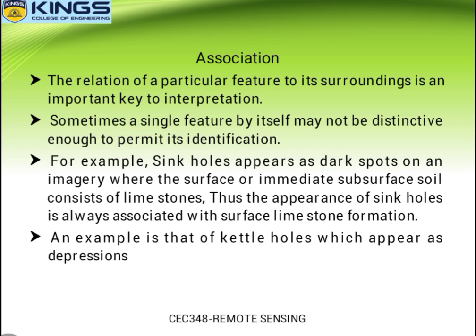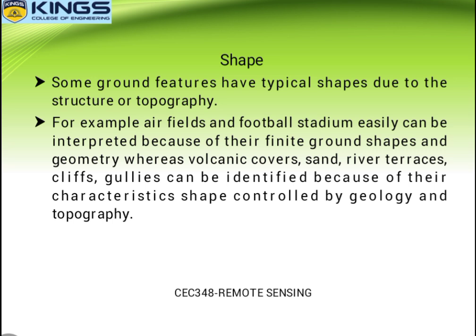For example, sinkholes appear as tall spots on imagery where the surface or immediate subsurface soil consists of limestone. Thus, the appearance of sinkholes is always associated with surface limestone formations. Another example is that of kettle holes, which appear as depressions.